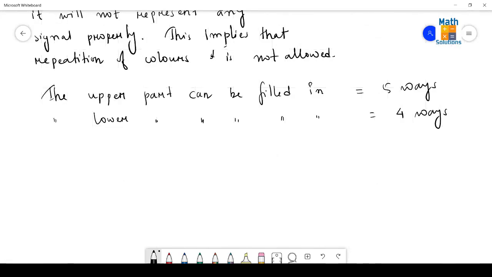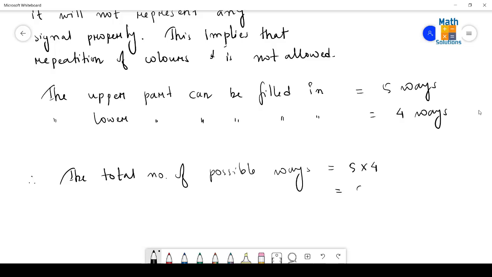So the total number of possible ways is equal to 5 into 4, which is 20. So this is the solution of the last question of this exercise. So with this we end up exercise 7.1. Thank you.